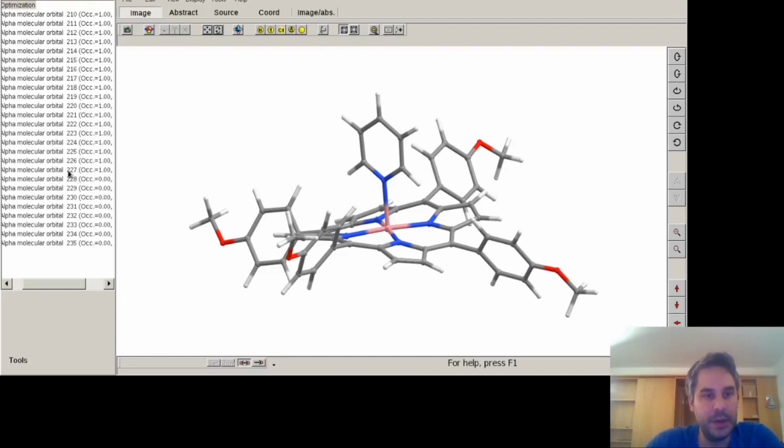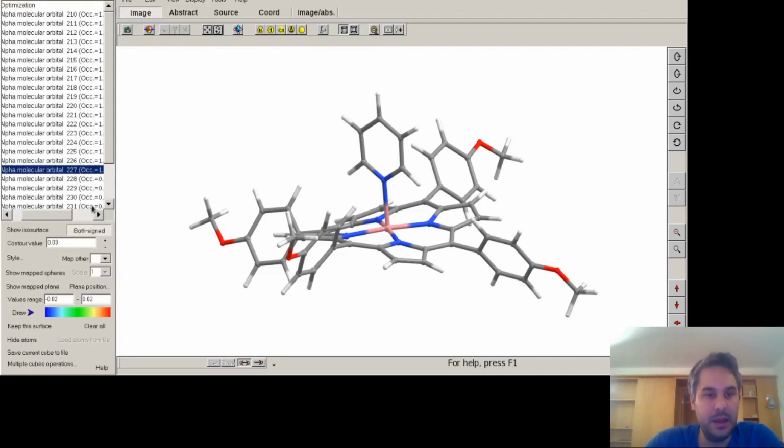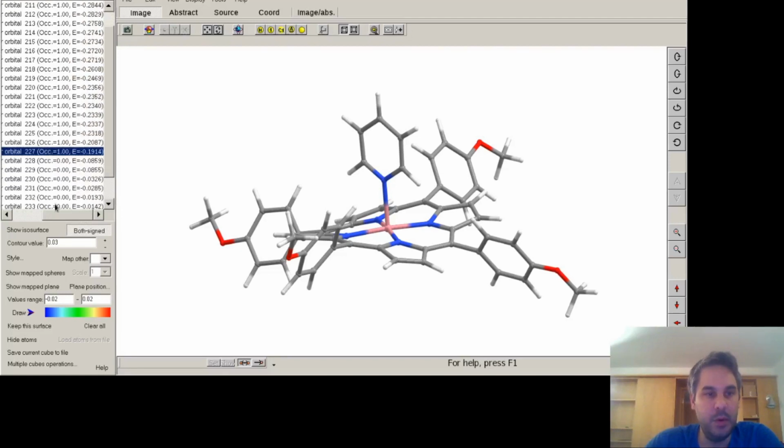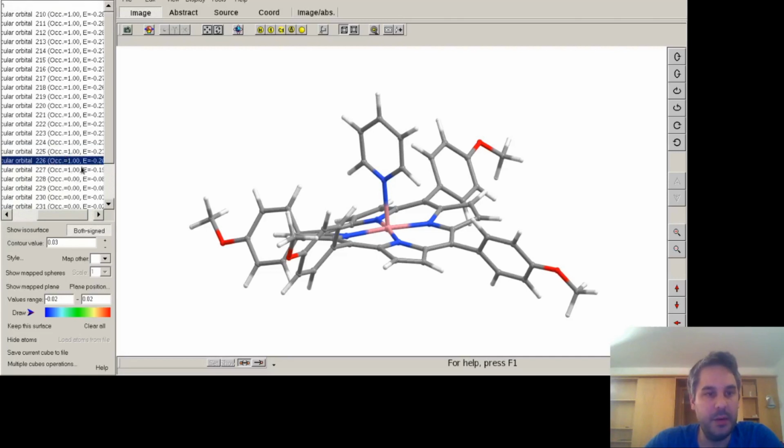So how do we know exactly where the active space is? So this is cobalt 2, low spin. So I have 11 electrons and the spin is 1/2. So that means that the SOMO will be orbital 227, and then I have 5 orbitals until 222 that will contain 2 electrons each.